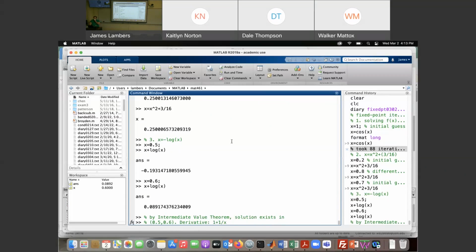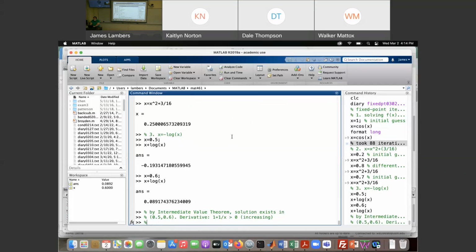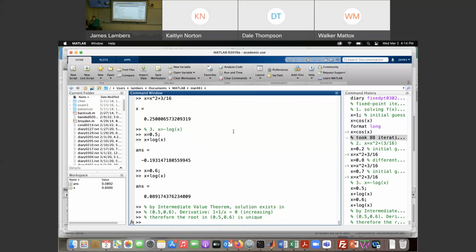And for positive x, which is the domain of the function, the derivative is always positive, meaning the function is always increasing. So the root in this interval, 0.5 to 0.6, has to be unique. So this is a one-to-one function.